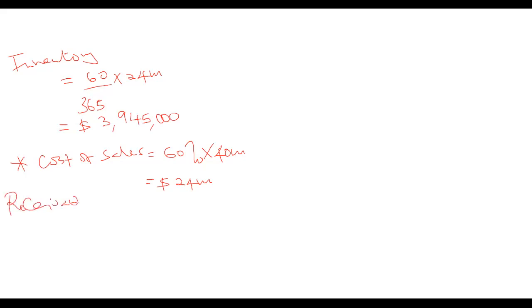The receivable will be equal to the days for receivable, 25, out of the total days in the year, multiplied by sales on credit, which in this case is equal to 24 million. Therefore, how much did the company invest towards the receivable?